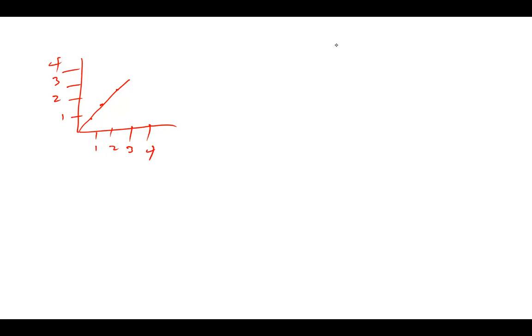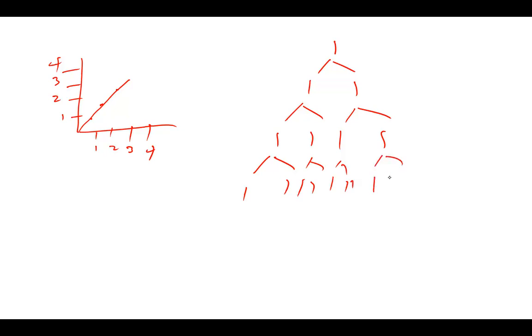What I mean by that is, let's say you start off with 1 and it splits into 2 others, and those 2 others split into 2 others, and this one splits into 2, and this one splits into 2, and this one splits into 2.